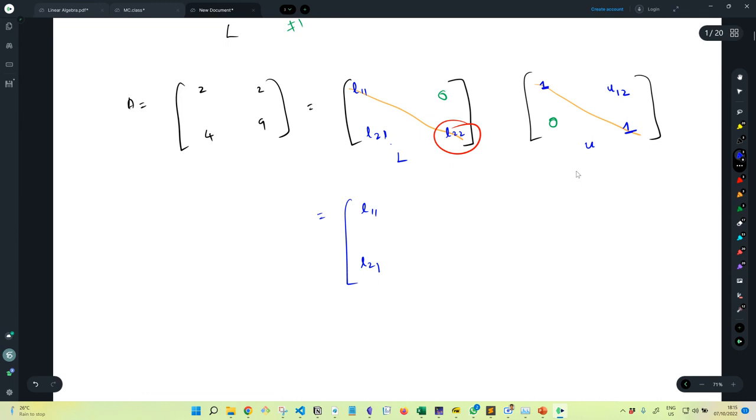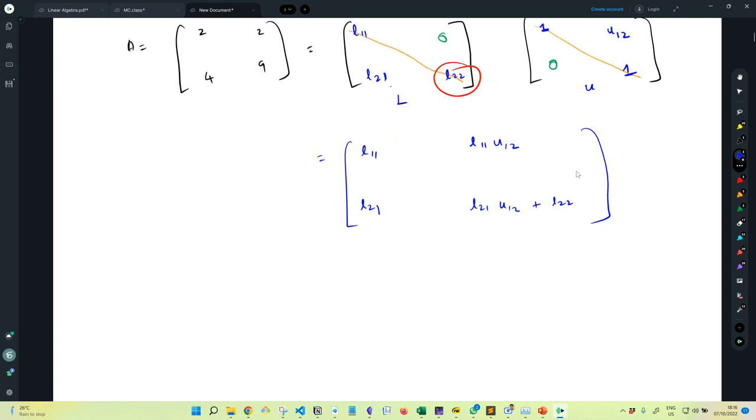This element will be L11 into U12, and this element will be L21 U12 plus L22. And our task is to find out the value of L22.